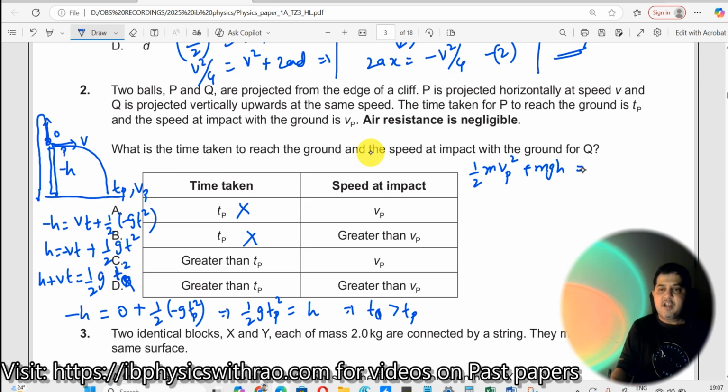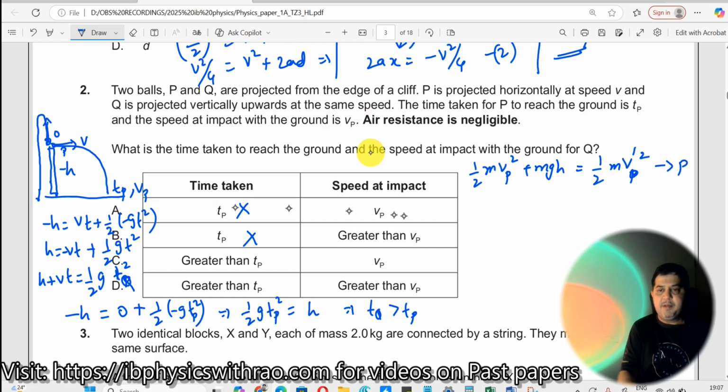This should be equal to, when it comes over here, the height is 0, so half m vp dash square, because the velocity is higher. Total initial energy is equal to total final energy. I have done it for the particle P.